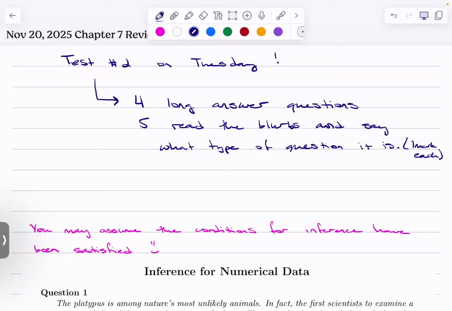That's going to be nice to have seen lots of different question types for the final exam, right? Same thing as test 2. The questions won't be in order. You have to read them and figure out what type of question you have, and then go ahead and answer it, right? That takes practice, but once you've decided what type of question you have, then how you solve it is always the same.